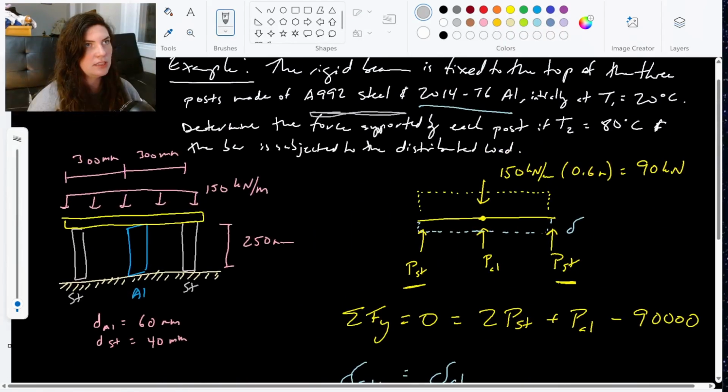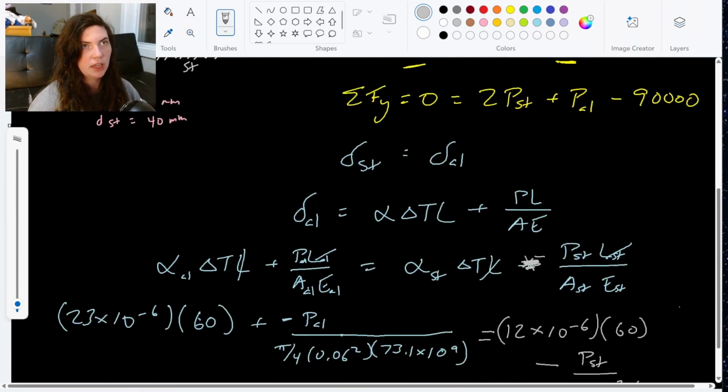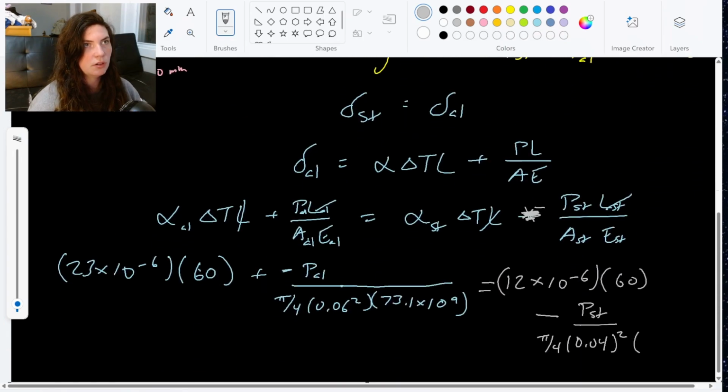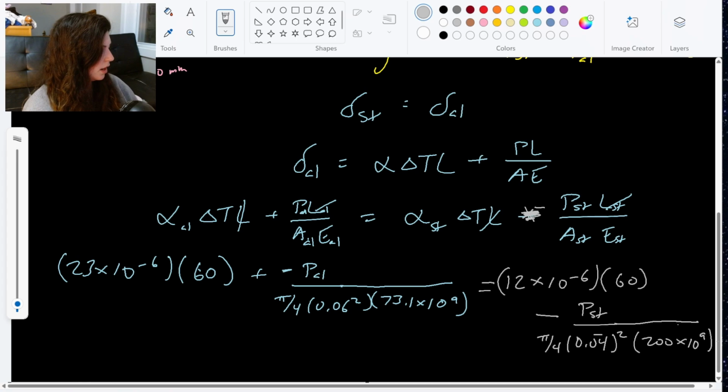It would maybe be a good idea to convert everything up top first and then plug everything in, but up to you. What did we say? We said 200 gigapascals, so 200 times 10 to the 9th pascals for our modulus of elasticity of steel. So that is our equation.